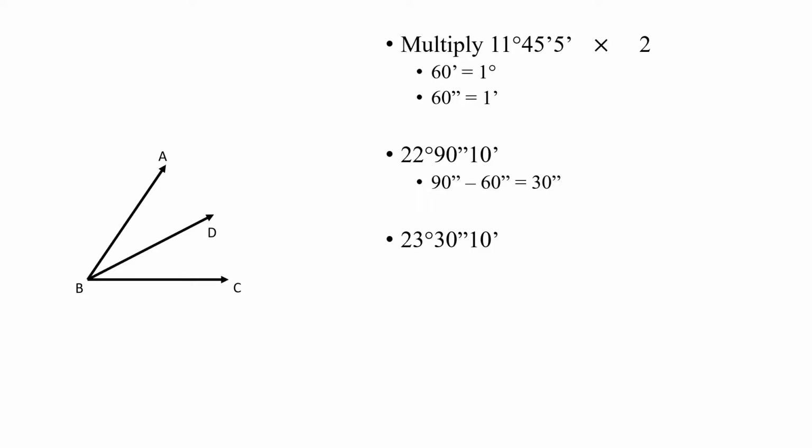So we had more than 60 minutes, so we took away those 60 and said, okay, that's 1 degree. We added that to our 22 degrees to get 23 degrees, and then we included those 30 remaining minutes in our count. And that's how we work with the minutes and seconds when solving problems like this.